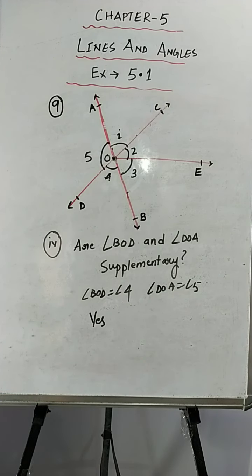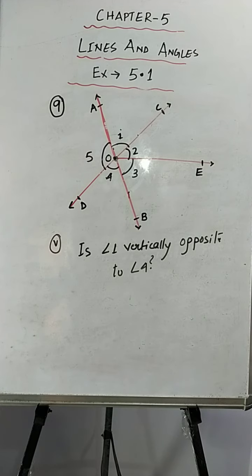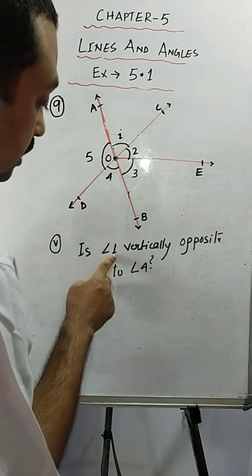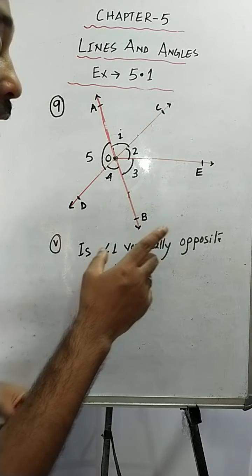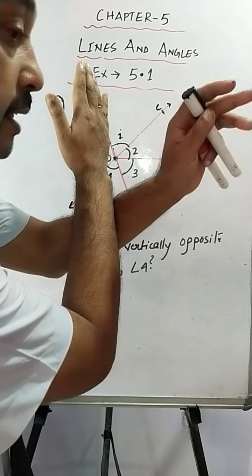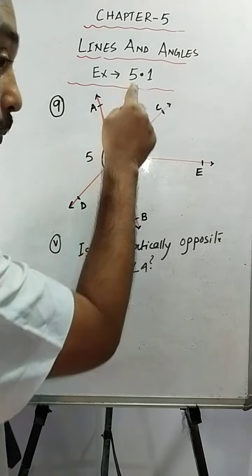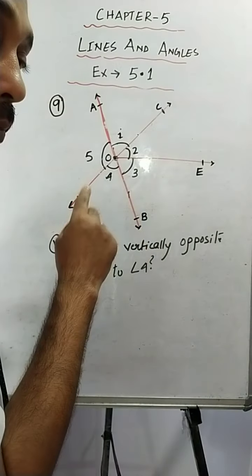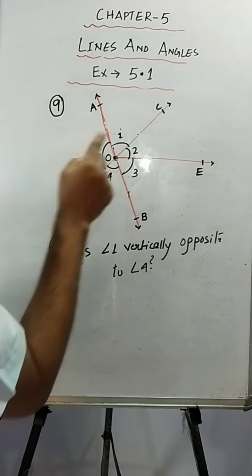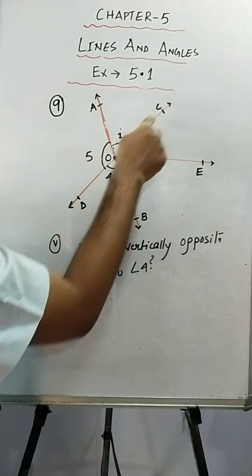Now let's move on to sum number 5. Is angle 1 vertically opposite to angle 4? What is a vertically opposite angle? We discussed that when two lines intersect each other, the opposite angles are vertically opposite to each other. You remember red, red, black, black we discussed. Now see, these two lines are intersecting.